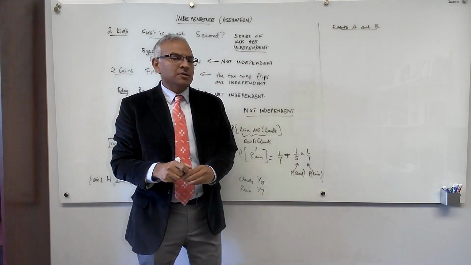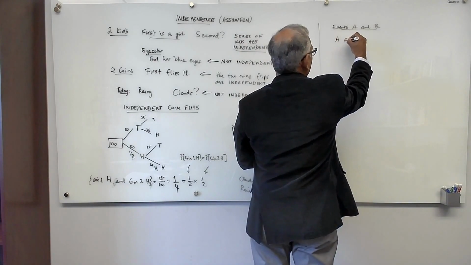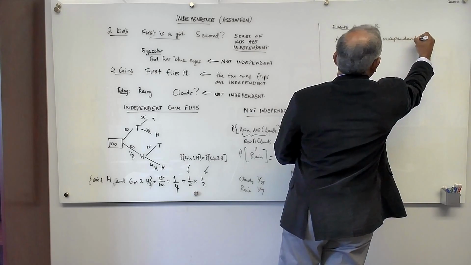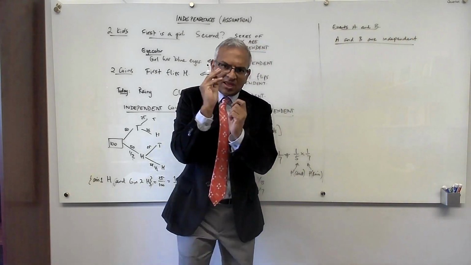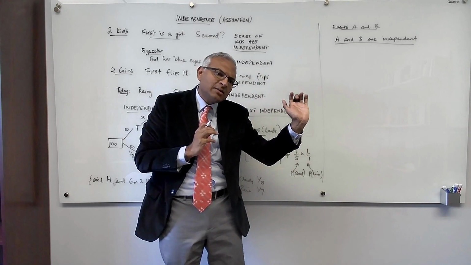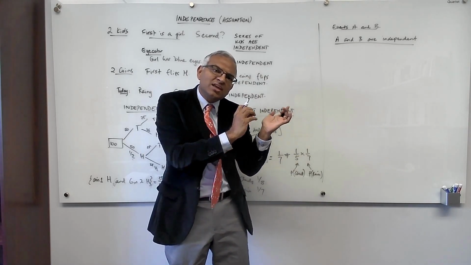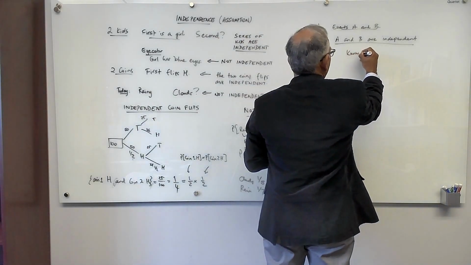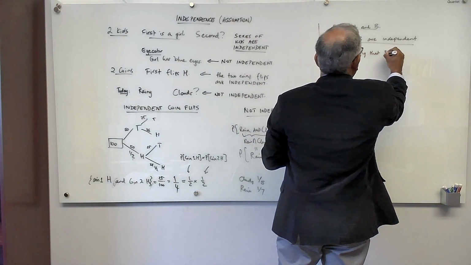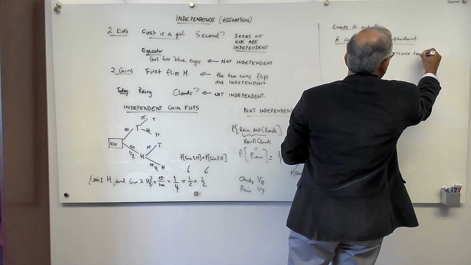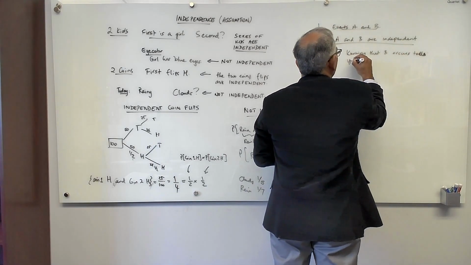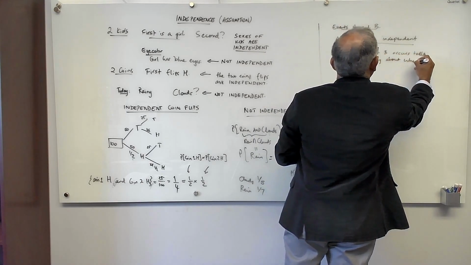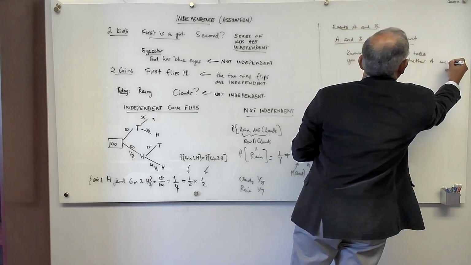We say A and B are independent if, and now let's try to pin this down mathematically, knowing that B occurs tells you nothing about whether or not A occurs.